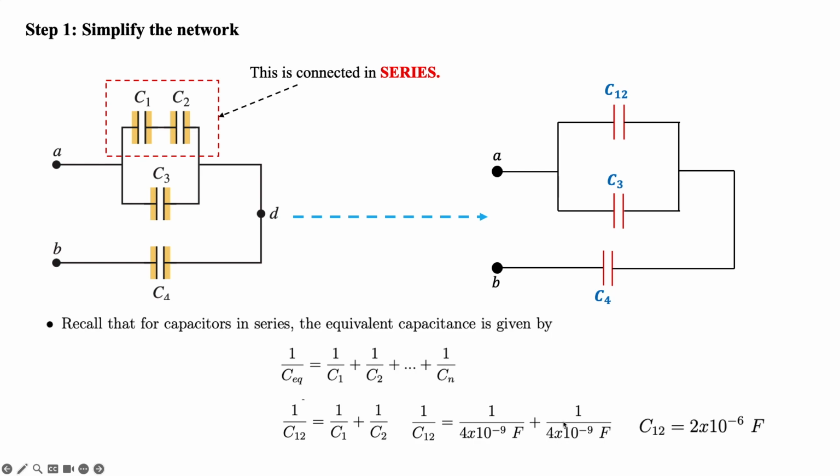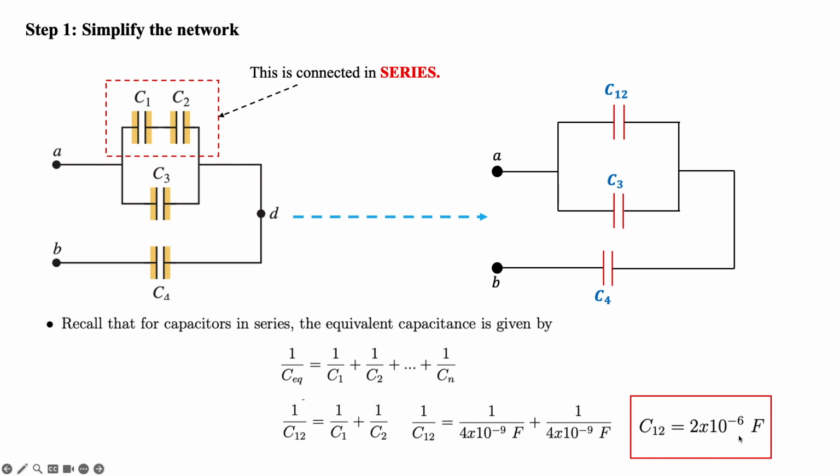I mistyped here, this should be 10 to the -6 farad. When you calculate that in your calculator, you get C12 to be 2 times 10 to the -6 farad, or 2 microfarad. So in this simplified version, the C12 here should have a value of 2 times 10 to the -6 farad.